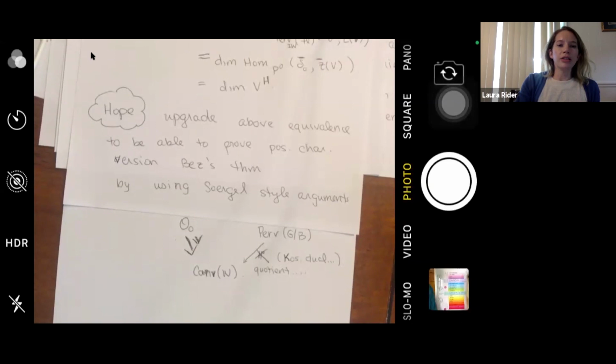Already for the finite dimensional flag variety, you can talk about some tilting objects and end up getting a fully faithful on tilting objects property.